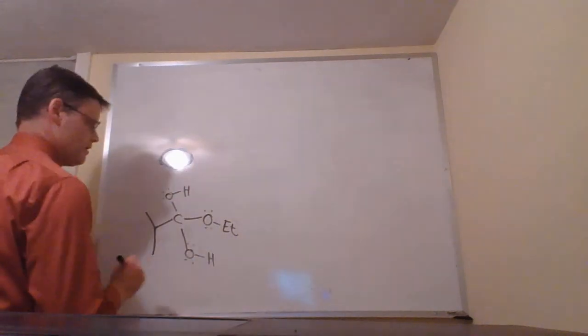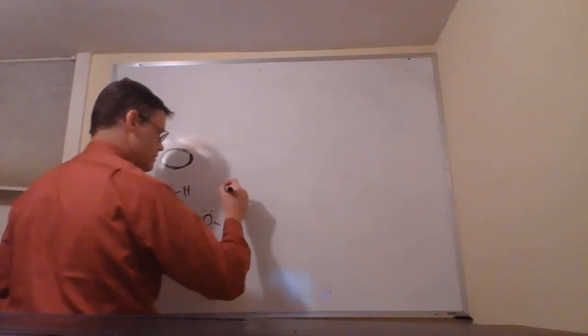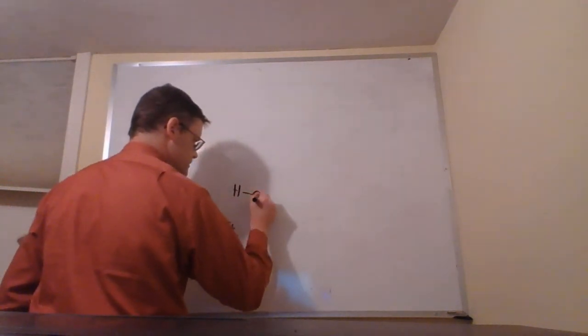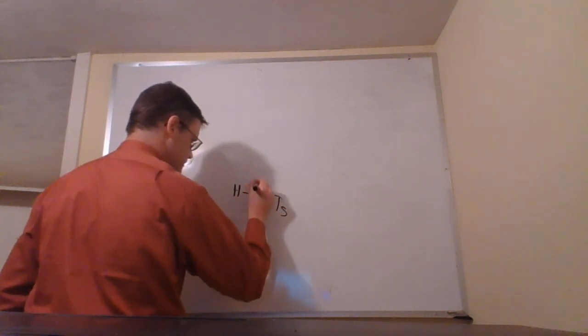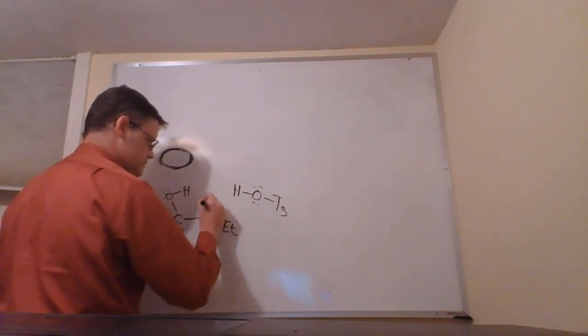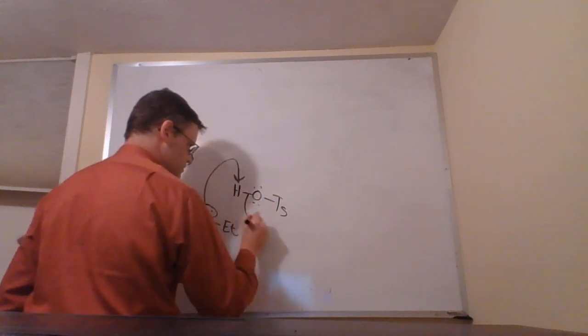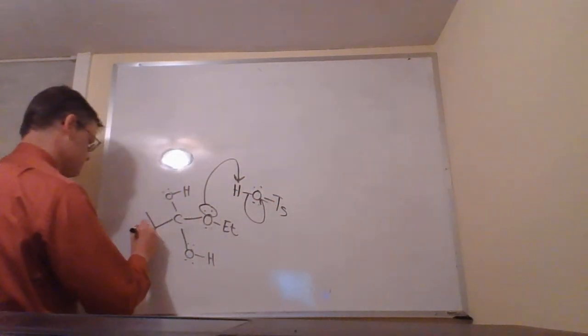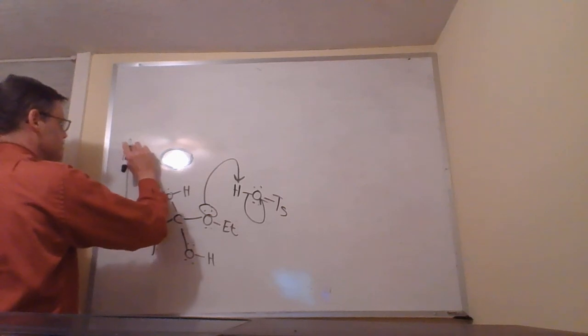So what do we got? Our proton source is para-toluene sulfonic acid. So we're going to protonate this and turn it into a better leaving group. That's a proton transfer.